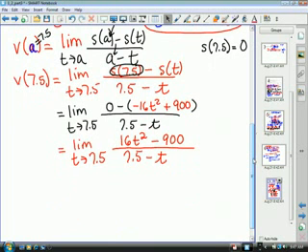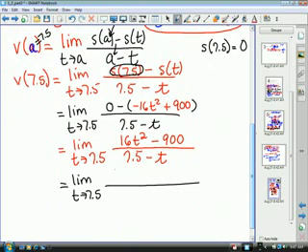Now, Keithia says this is difference of two squares. What is square root of 900? 30. So let's see what that gives us then. So it's 4t minus 30, 4t plus 30.